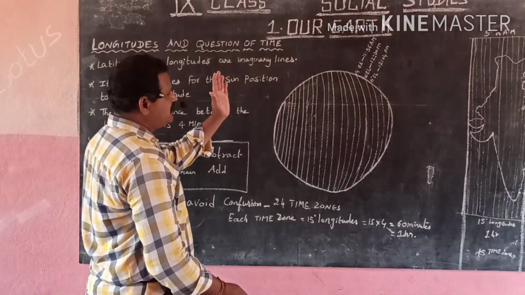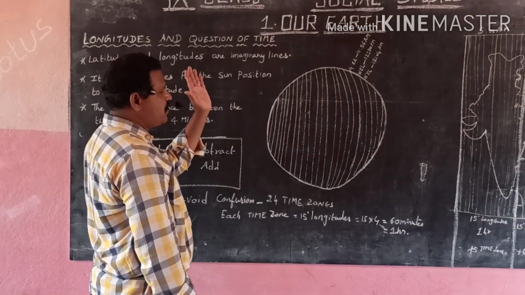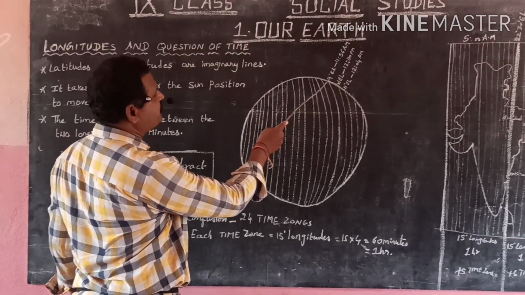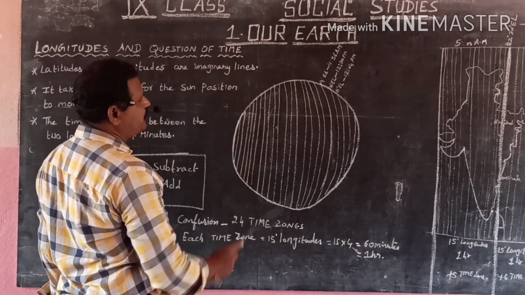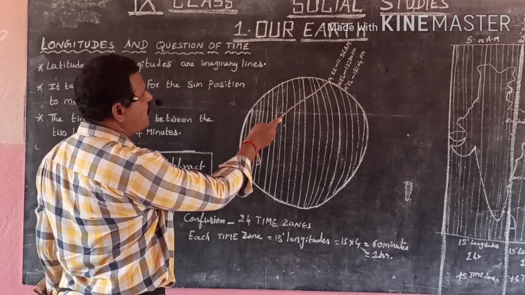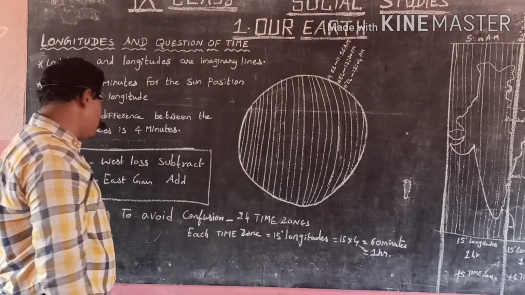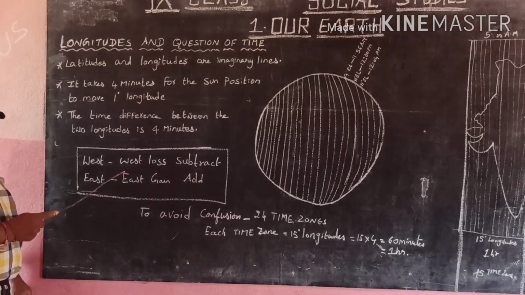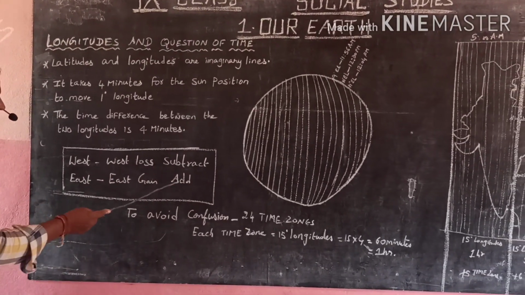When we go eastward, the time should be added, 4 minutes for every longitude. That concept is called East gain, add.